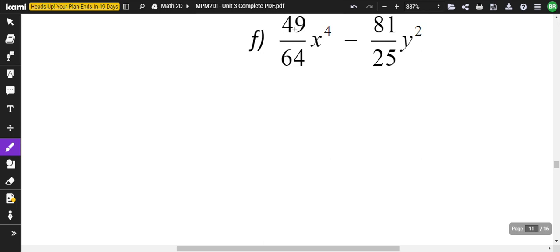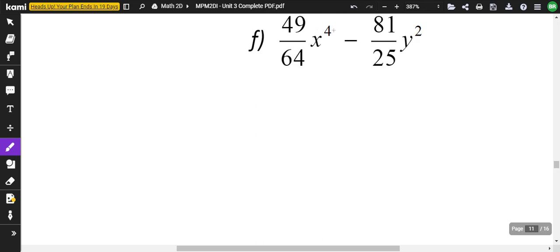We have 49 on top of 64, 81 on top of 25. 49 is 7 squared. 64 is 8 squared. 81 is 9 squared. 25 is 5 squared. Difference. Here's a y squared.